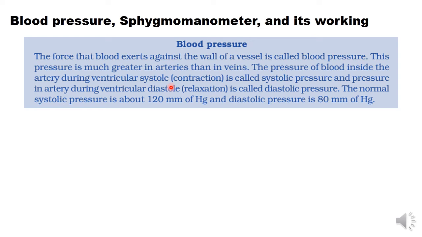So, arteries are directly connected to ventricles and therefore they have much greater pressure than veins. Also, the pressure during ventricular contraction, which is known as systolic pressure, is higher, and during ventricular relaxation or diastole, the pressure is a little bit lower.